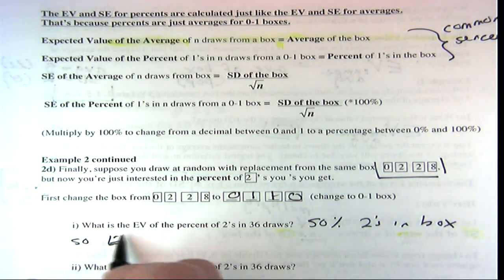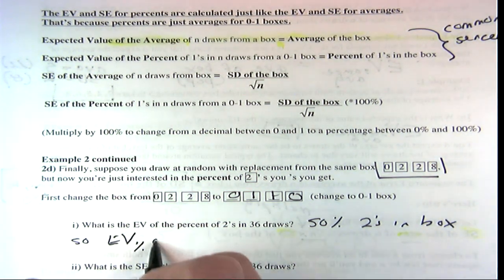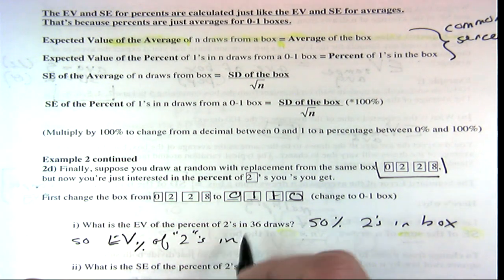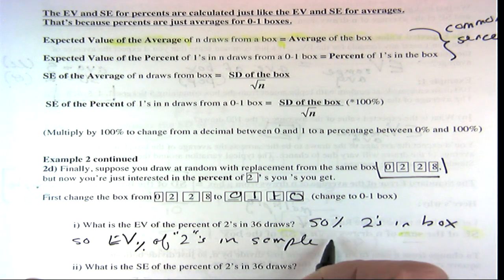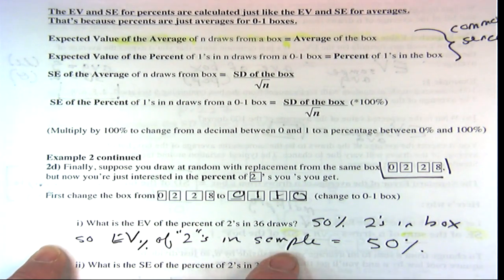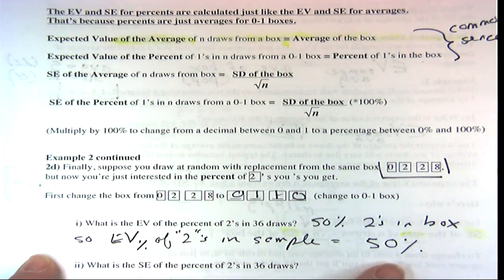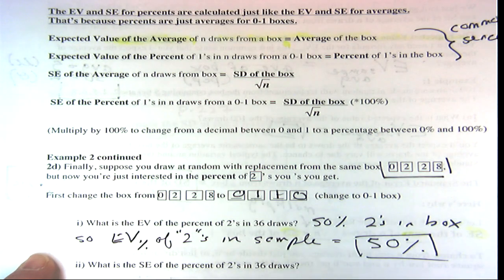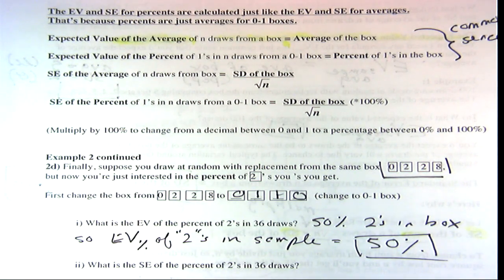So the expected value for the percent of twos in the sample is 50%. There's no formula here for what you'd expect. It would be crazy to expect anything else. But the standard error, what's that?